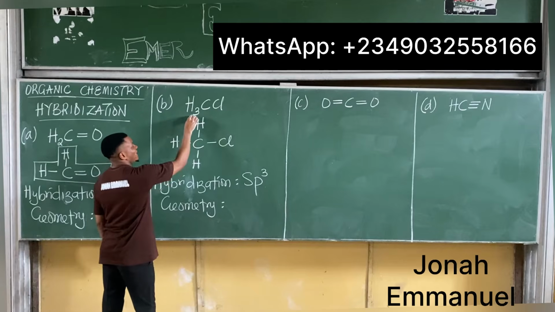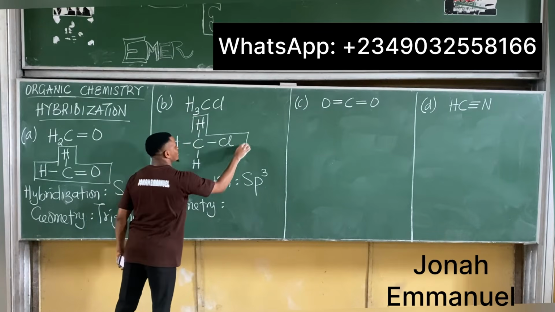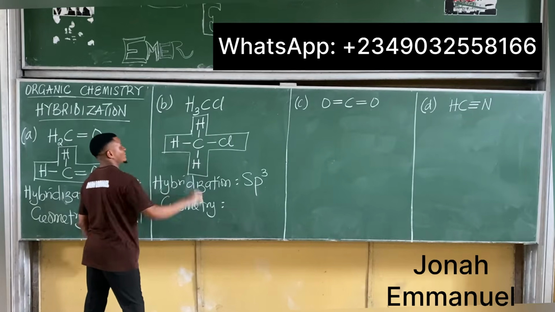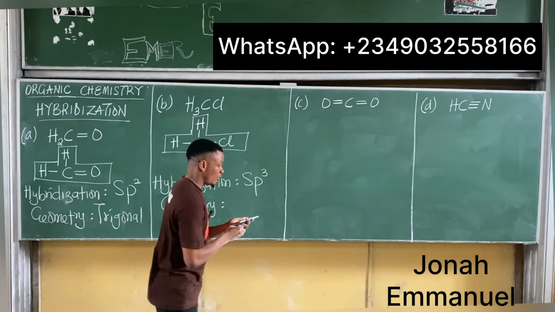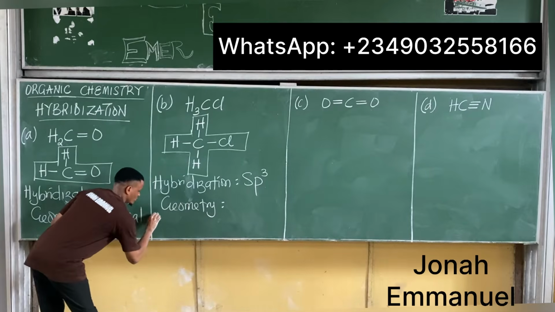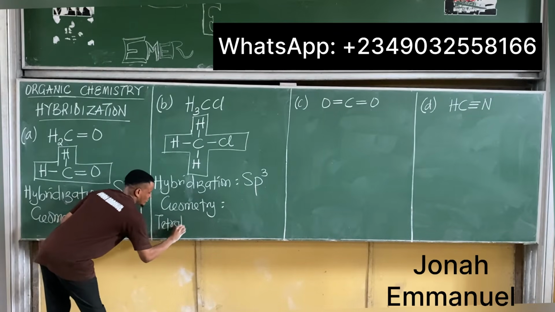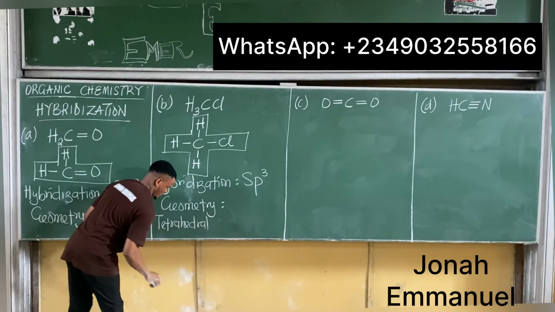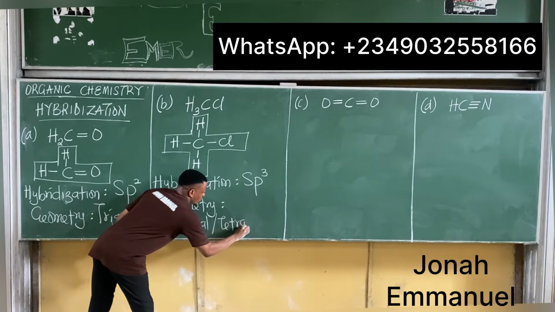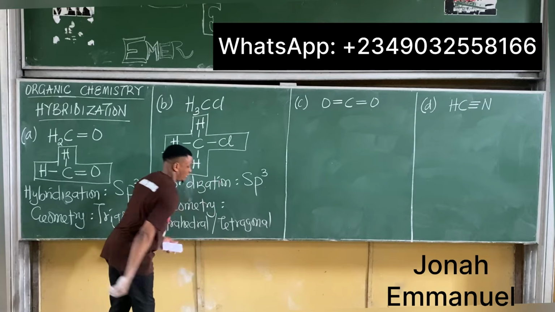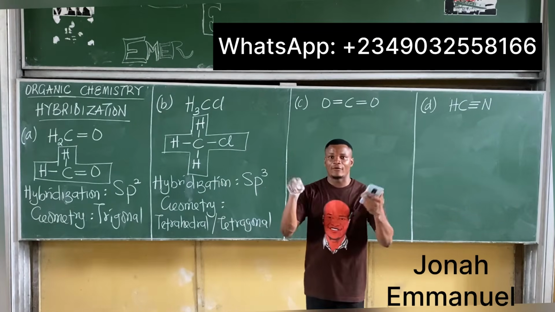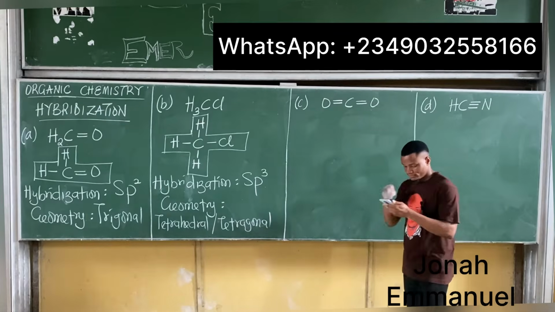If I look at this, this is now 1, 2, this. It looks like a cross. All right, so it's 4. 4 is called tetrahedral, or tetragonal. So tetra is 4, tetragonal.